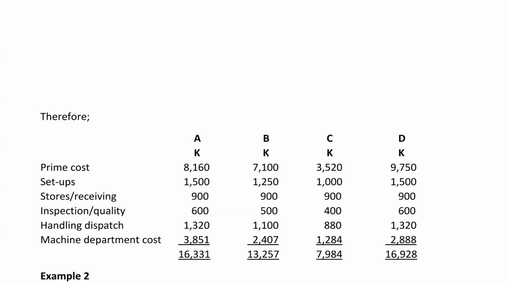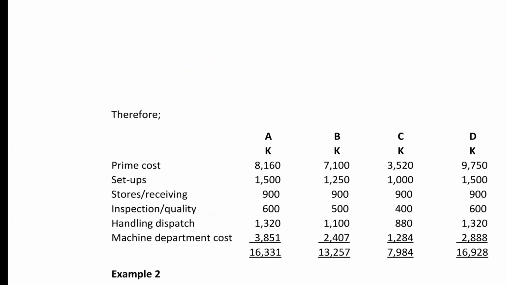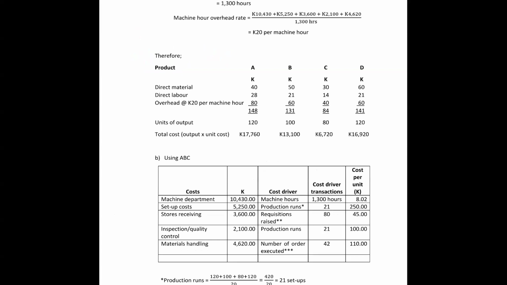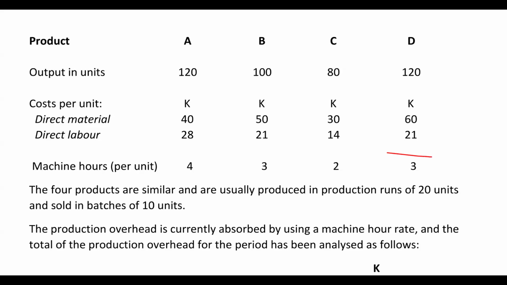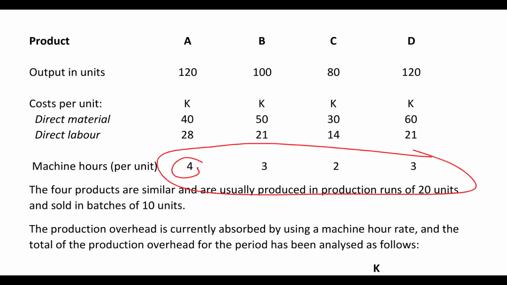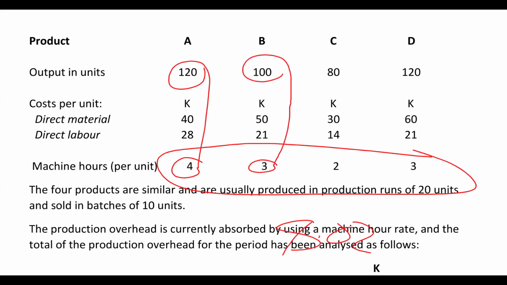This is what I was saying. Let me just get back a little bit so that you may see. I was talking about this number of hours. So for product A, 4 hours times 120 gives you the total number of machine hours for A, times 8 kwacha per unit. The 8 kwacha, 802. And also for B, 3 times 100, that's 300 times 802.